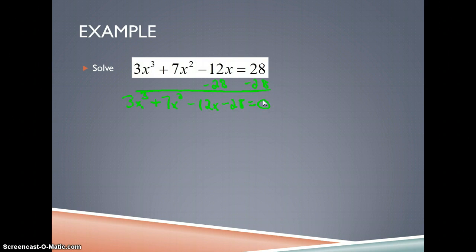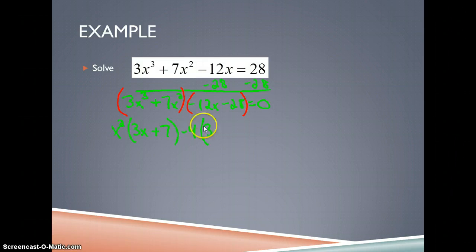If I look at my first 2 terms and my second 2 terms, the first 2 terms, all they have in common are x squared. So I get 3x plus 7 in that case. Next set, I can factor out a negative 4.